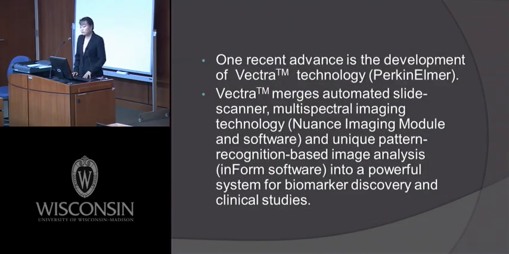So one recent advance is the development of Vectra technology. It merges an automated slide scanner, multispectral imaging technology, what Kristina just described, and unique pattern recognition-based image analysis into a powerful system for biomarker discovery and clinical studies.